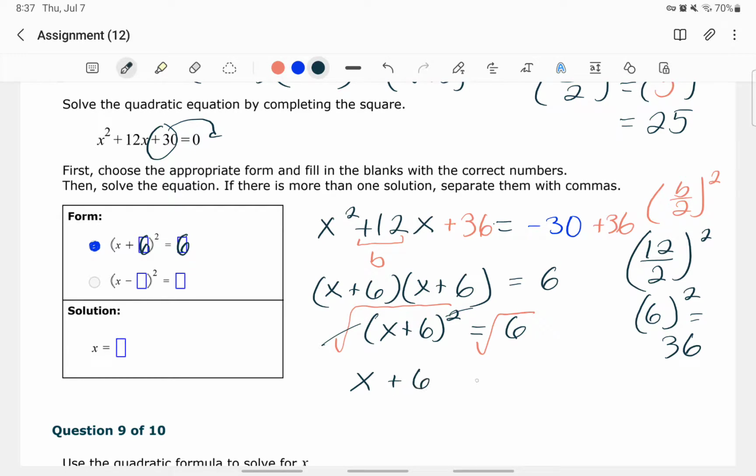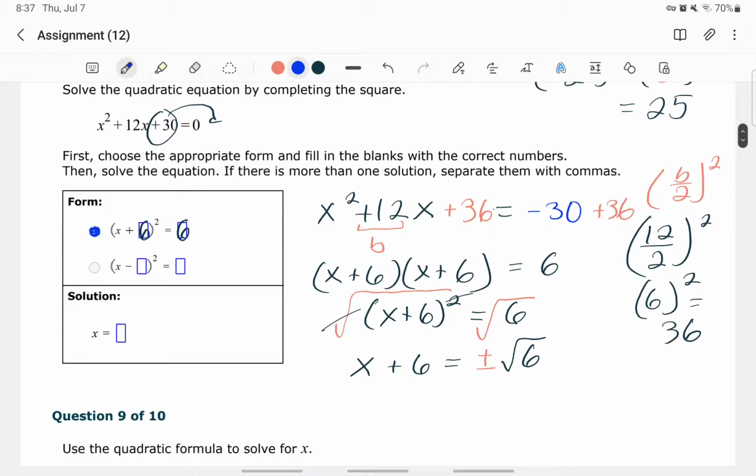X plus 6 equals plus or minus, put your plus or minus down immediately, the square root of 6. And the square root of 6 cannot be simplified any further. So we're going to leave it as the square root of 6. And then to get x by itself, subtract both sides by 6.